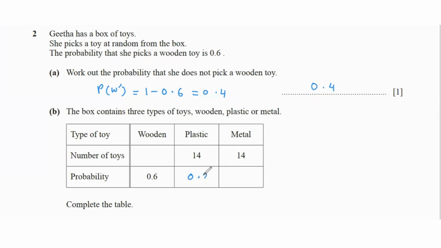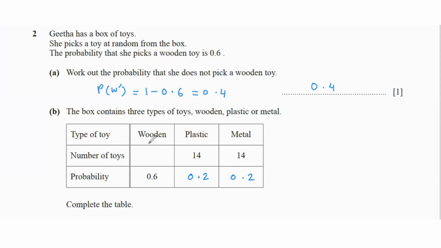So that's going to be 0.2 and 0.2. If the number of plastic and metal toys were different, then the probabilities would be different. But since the number of toys is the same for both plastic and metal, the probability is also going to be equal, which is 0.2 and 0.2.